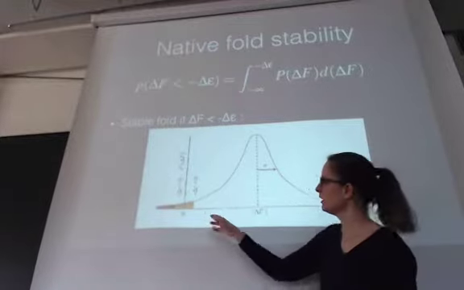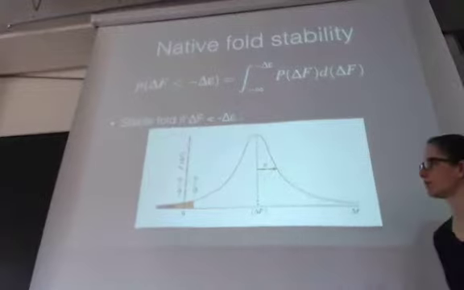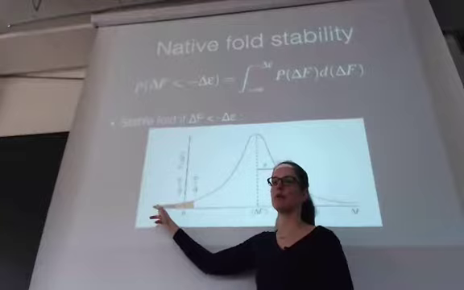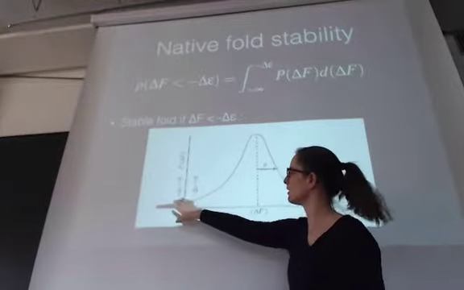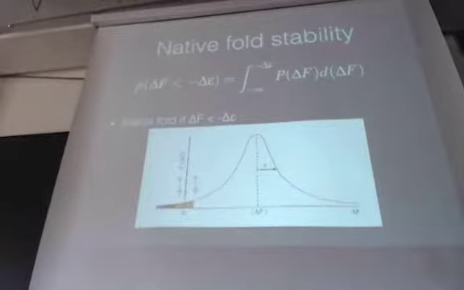So the only sequences that will fold spontaneously are the ones that are below 0. You can see from this distribution that this is a very small population compared to the ensemble of sequences that are possible.